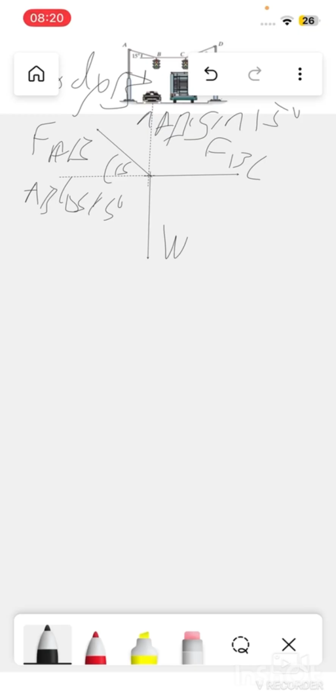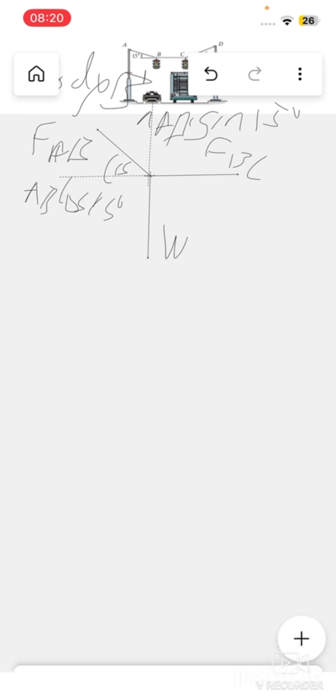I think we are done with the diagram for point B. This is the free body diagram for point B with components. Without components, we just draw the forces only.